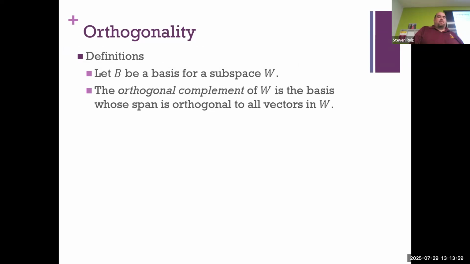So basically what we just found is the orthogonal complement to a single vector, a subspace whose span is based on a single vector 1, 4, 8.